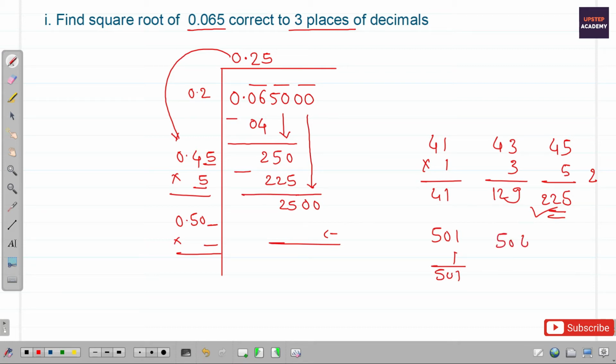Suppose 504 into 4, 4 into 4 is 16, this is 1 and this is 2016. Let me check another number, 505 into 5, 5 into 5 is 25, 2 will come here, and 25. You can check this number is coming greater than the required number, so 504 will be the correct choice.